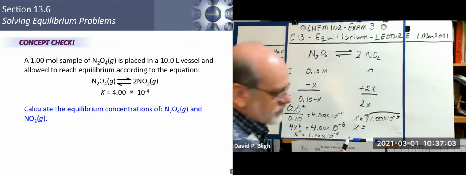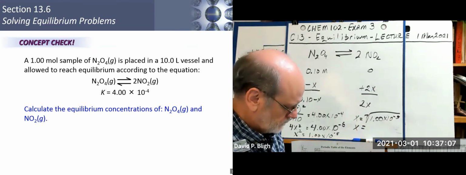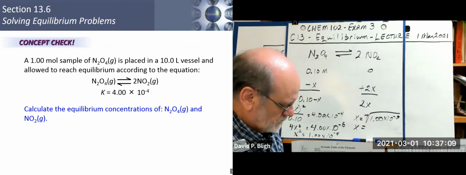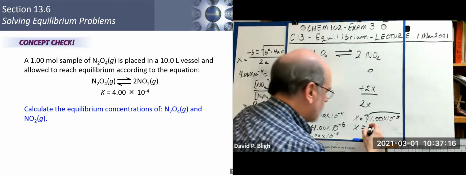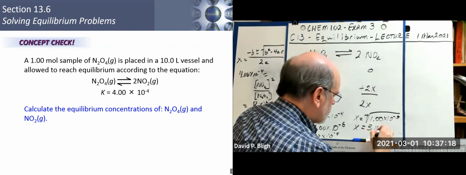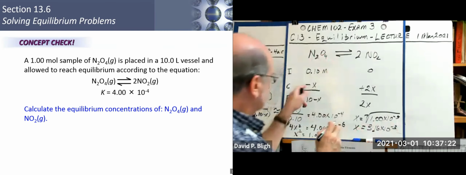So X is equal to 3.16 times 10 to the minus 3. 3.16 times 10 to the minus 3 is X.